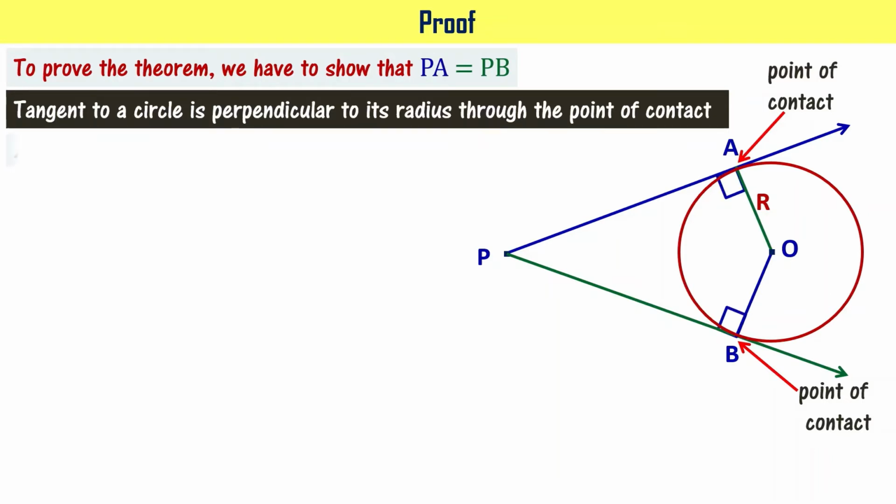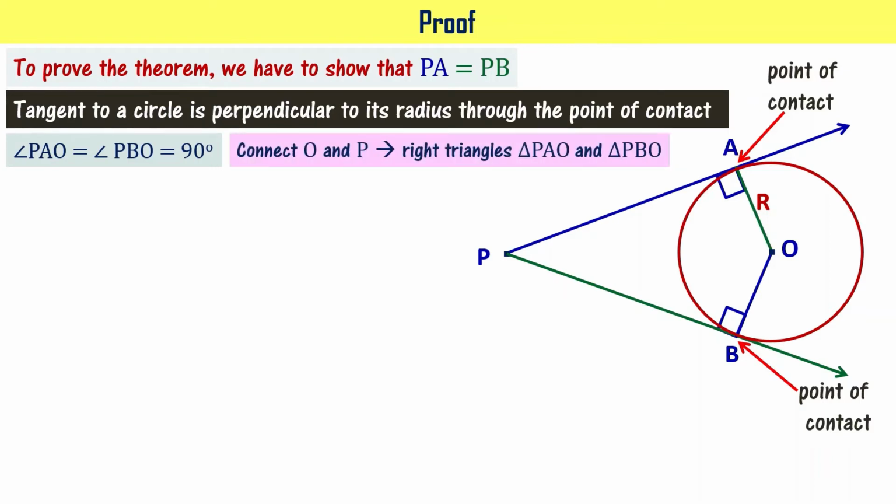As you see here, angle PAO and angle PBO are the right angles. It means angle PAO equal to angle PBO equal to 90 degrees, right? Now let's connect point O and P such that you have two right triangles forming. One of the right triangles is triangle PAO where angle A is 90 degrees, and another right triangle is triangle PBO where angle B is 90 degrees, right?